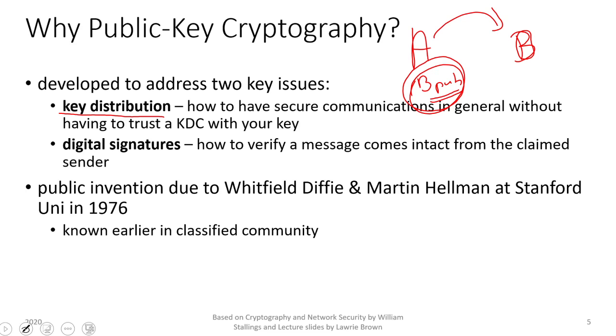Then when it comes to digital signatures, another issue that public key cryptography solves, that is about making sure a message was not modified while it is in transmission. Say, for example, if we use private key cryptography, both senders will have the same key.